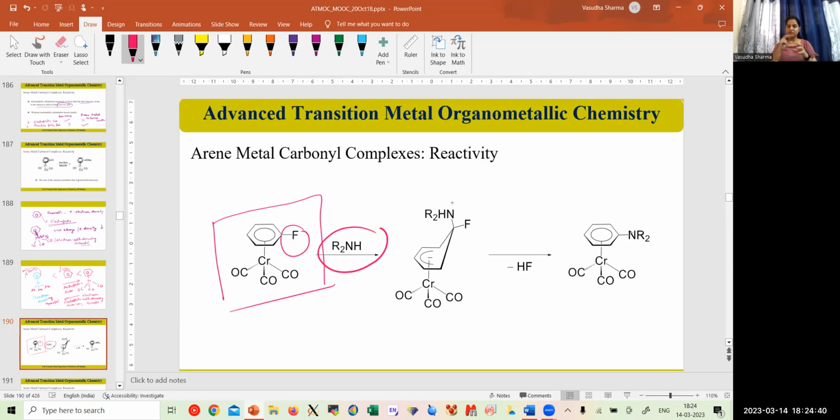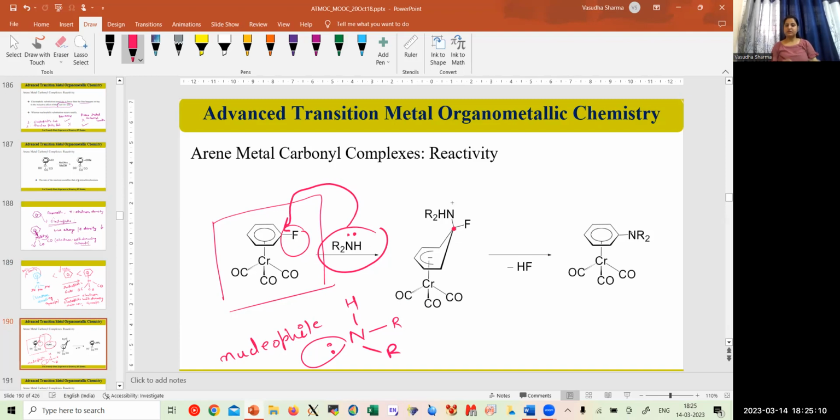And also because of the lower electron density on the arene moiety, it becomes even more prone towards nucleophilic attack. So this is a nucleophile having a lone pair, and it can easily attack the position where the fluorine is attached.